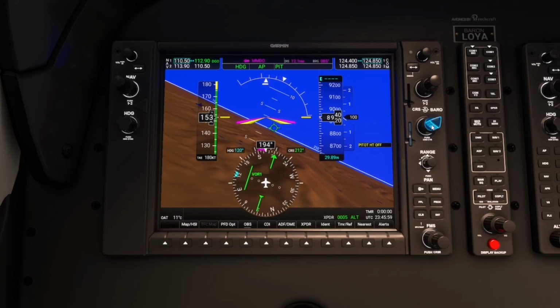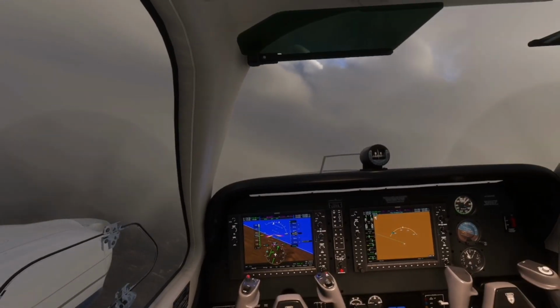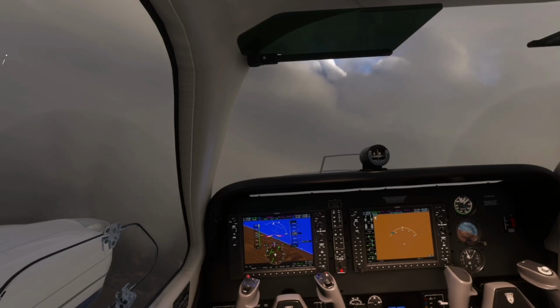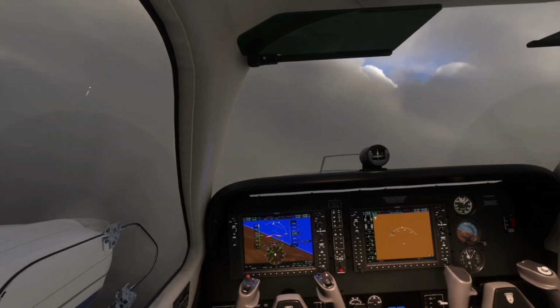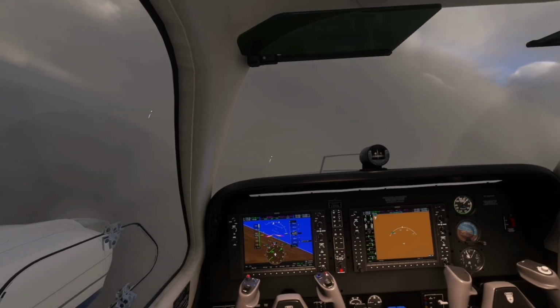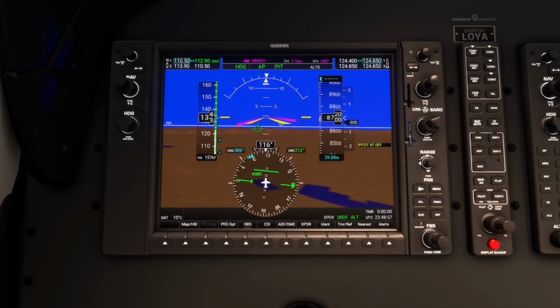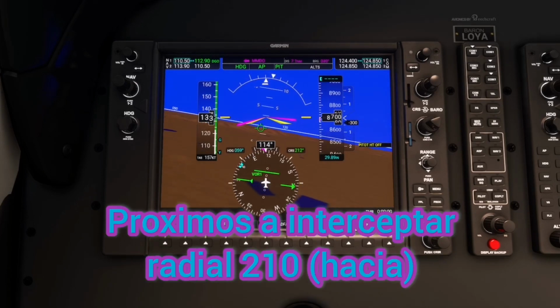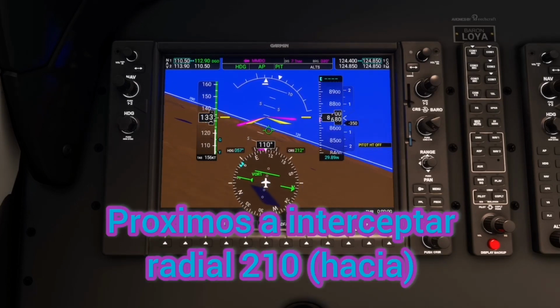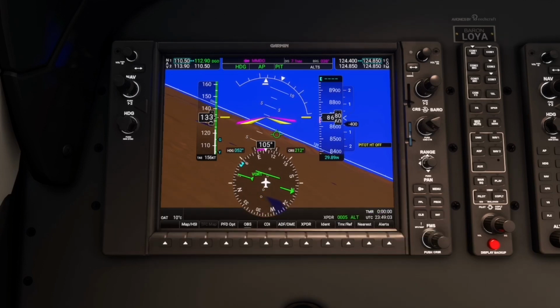What I am going to do here is bank left to the heading 120 until we get close to the radial, to intercept the radial 210 correctly. Next we are about to intercept the radial 210 inbound.